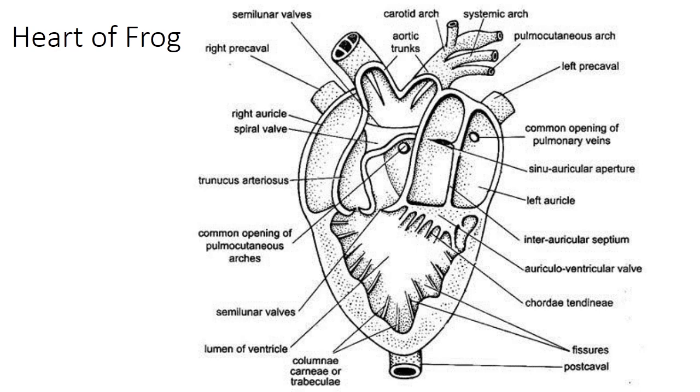Here deoxygenated blood enters through the sino-auricular aperture into the right auricle, whereas the pulmonary vein carries oxygenated blood. Both the deoxygenated blood and the oxygenated blood enter into the ventricle through the auriculoventricular valve.